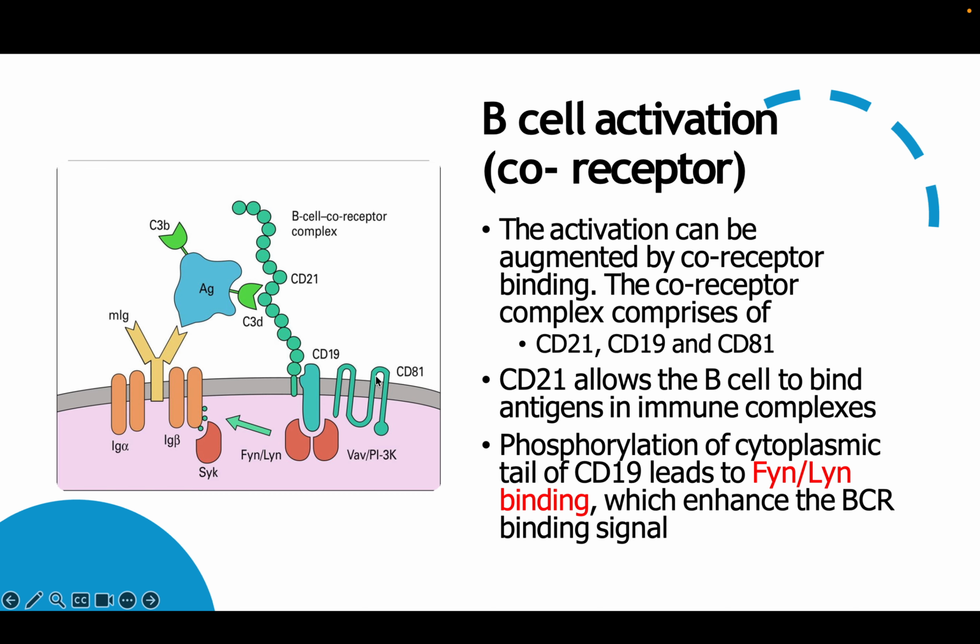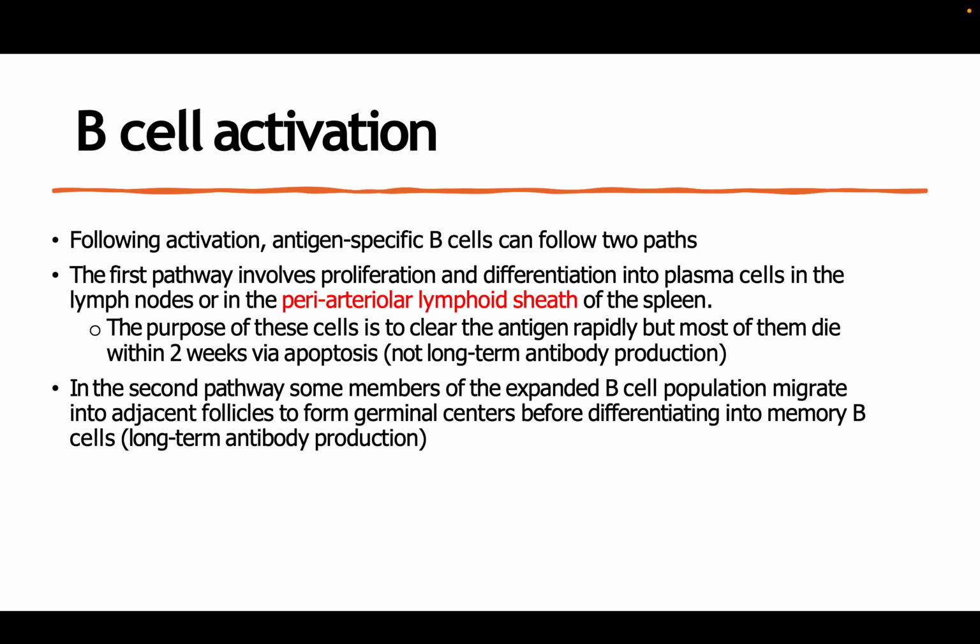These are all bound together, which can also bind to antigens, and this can push further more signaling cascade. Again, I don't need you to know the signaling cascade molecules, but just to know that you can also have this co-receptor, which is made of CD21, 19, and 81, to further be activated and push the B cell to further proliferate.